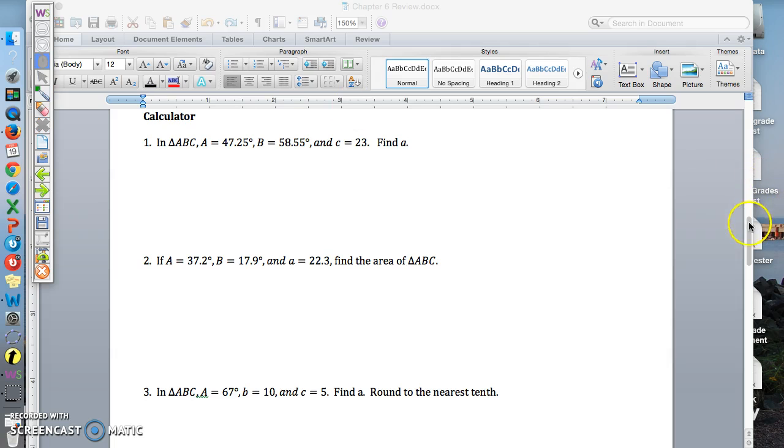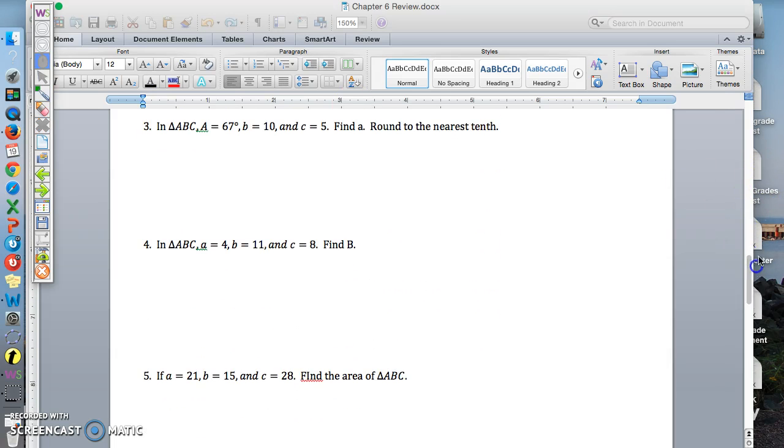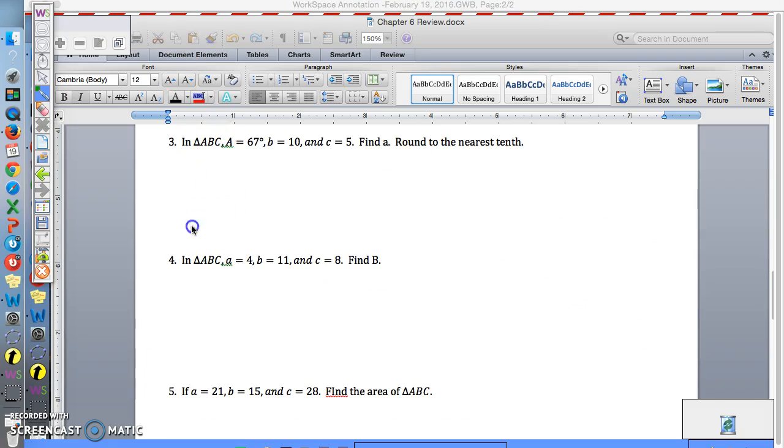So when we go down to number 3 here, let's see, we have another triangle, A, B, and C. So A is 67 degrees, little b is 10, C is 5, and we need to find little a. Well, we can't use law of sines because we don't have an angle and the side opposite, so law of cosines.